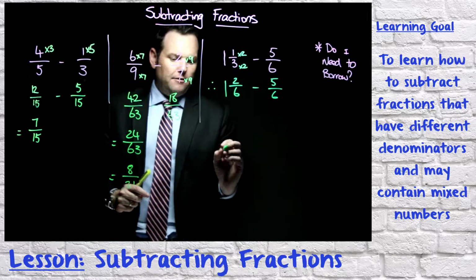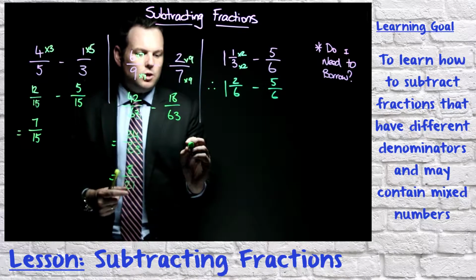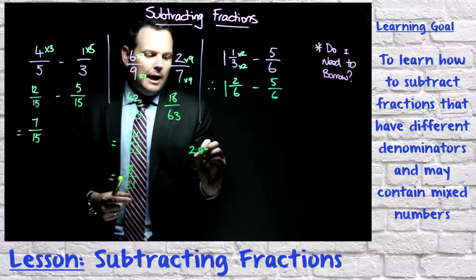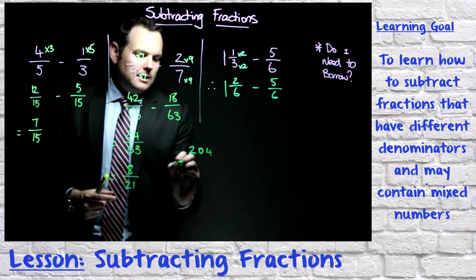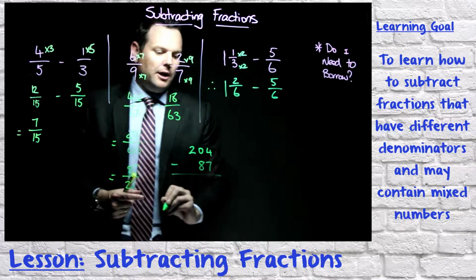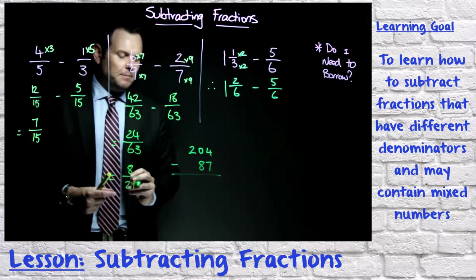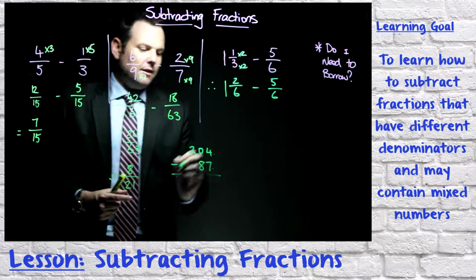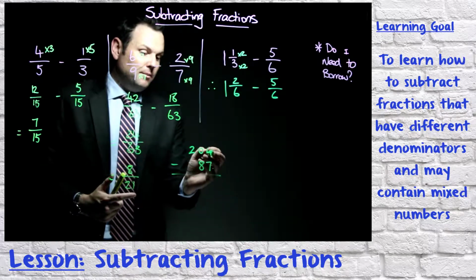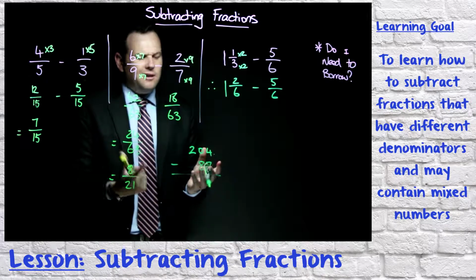Now, if I have a normal subtraction algorithm, and I've got something like 204 take away, let's say 87, okay? When I have something like that, and I do 4 take away 7, I go, oh, I can't do that.